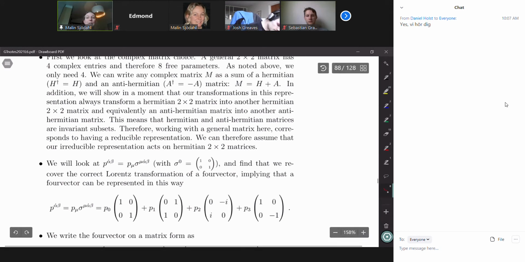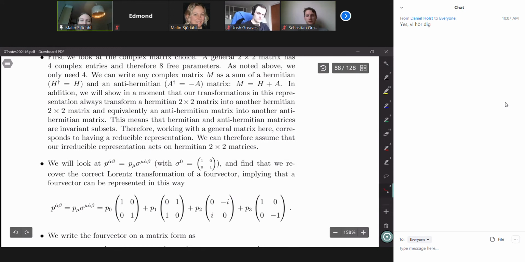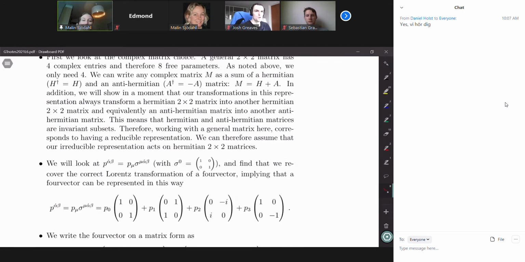So what we do then is that we consider a general Hermitian matrix, and we form it by taking a four-momentum p mu and contracting it with sigma mu, where sigma 1, 2, 3 are ordinary sigma matrices, and sigma 0 is this guy, diagonal 1, 1. So after the contraction of the mu index here, we will have some 2 by 2 matrix p alpha dot beta.